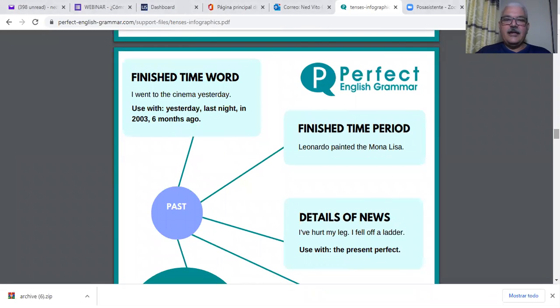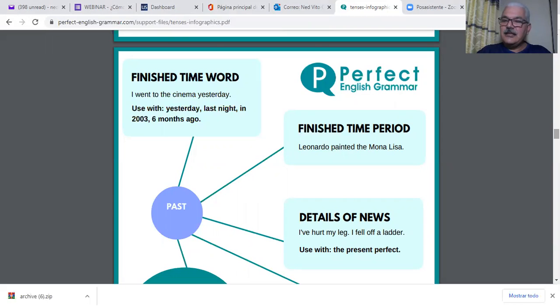First, when we are going to talk about a time which is finished, the moment that the action happened had passed. Then, when the time period is finished, we say, Leonardo painted the Mona Lisa, or I went to the cinema yesterday. So it's an action that happened in the past.